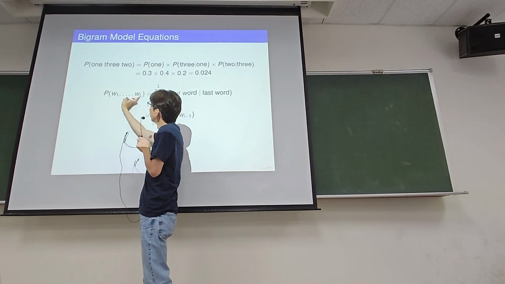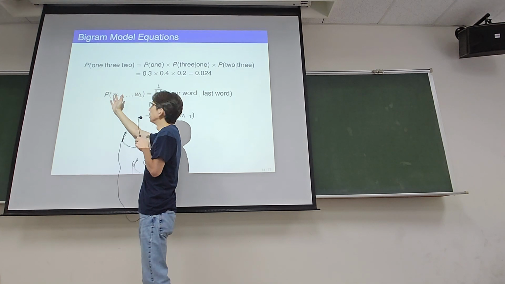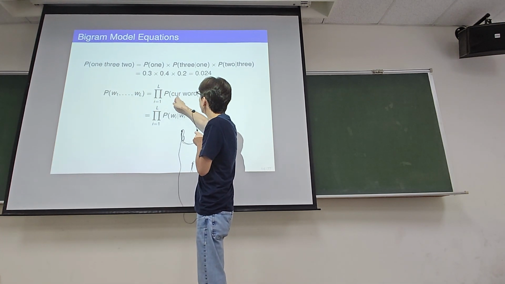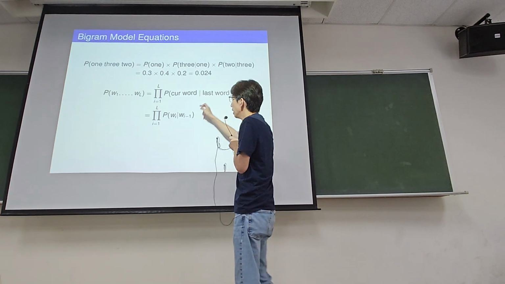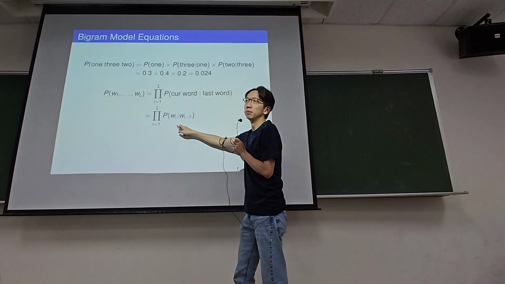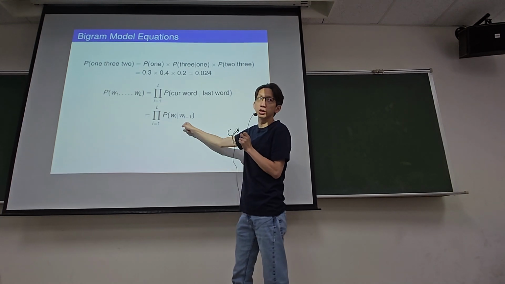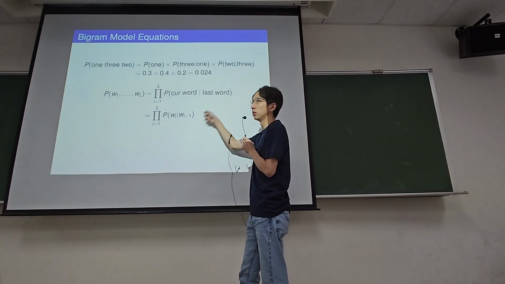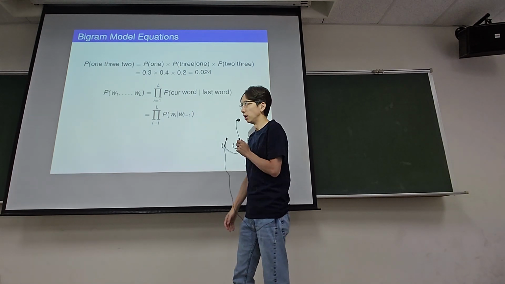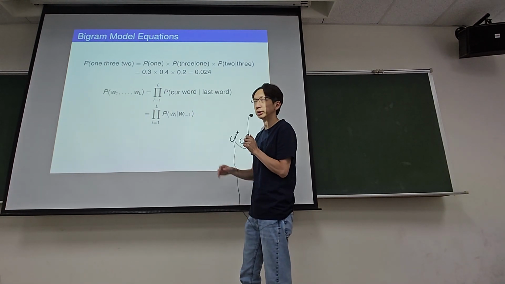So the n-gram model looks like this: P of the current word given the last words in a particular sentence. That equals the probability of the current word given the last word, depending on how many last words you condition on. If it's one last word, we call it bigram. If it's two last words, we call it trigram. If you have multiple words, then you continue, so quadgram, those types of things.